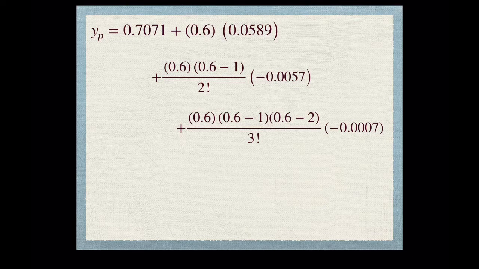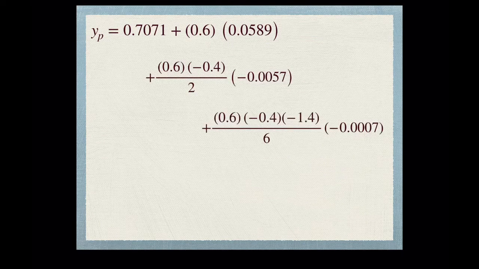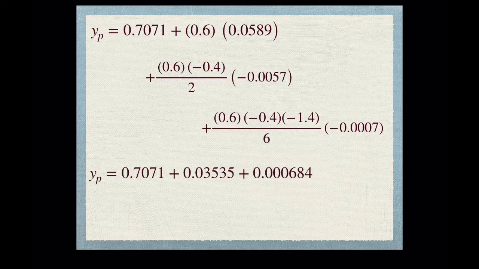So simplifying this in the next stage, it's quite obvious that 0.6 minus 1 turns out to be minus 0.4 and 0.6 minus 2 turns out to be minus 1.4. And in the denominator, 2 factorial is 2, 3 factorial is 6. Simplifying it, in the first term, I have 0.7071 as it is.